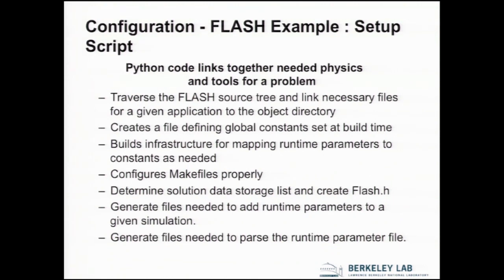So at the end, in one particular directory, you get a link to all of the source files that you need in order to do a successful build. You get a completely configured Makefile, and you get certain informational files that tell you all of the runtime parameters and what the default values are going to be. All of this gets put together in one place. So after you run configuration successfully, you run a make, and that builds your file.